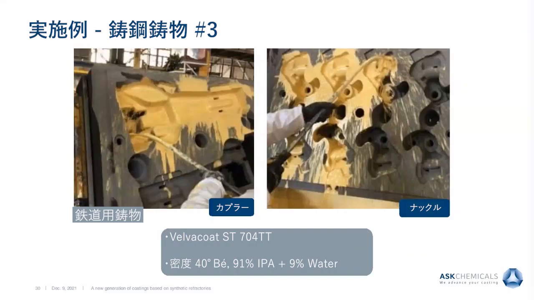And here an example from the States. Here we see again railway castings, a coupler and a knuckle, by flow coating with a Velvacoat ST704TT at a density of 40 degrees Baumé.